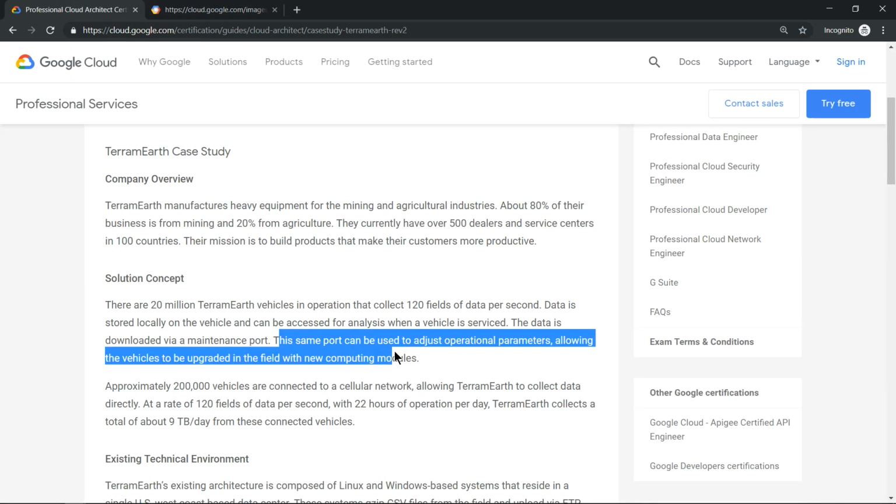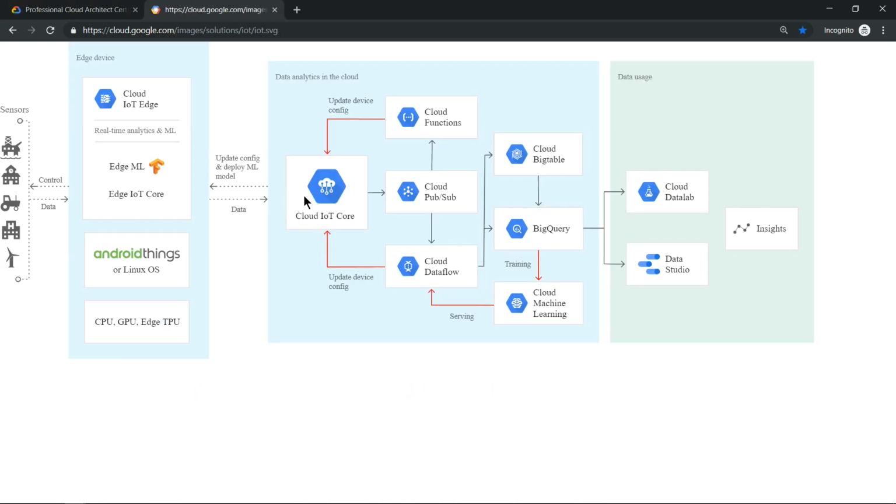This line indicates upgrading the field, so that next time the vehicles work efficiently. That's what I would say. And IoT Core plays a major role here because it can connect to multiple devices and can also manage those devices. In this case, devices are our vehicles.